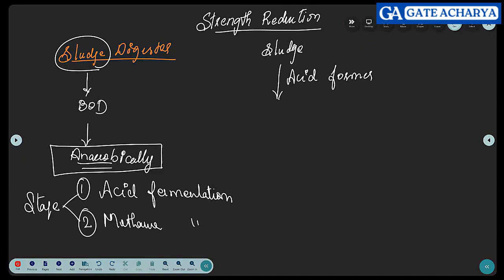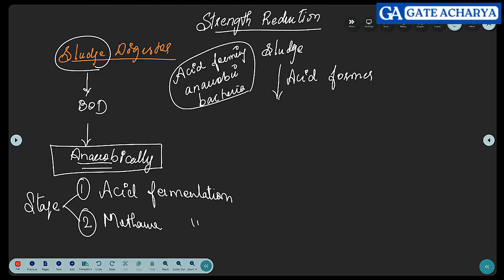Acid forming anaerobic bacteria first consume the sludge and produce a set of acids. Then these acids are taken care of by the methane formers, the methane forming anaerobic bacteria.